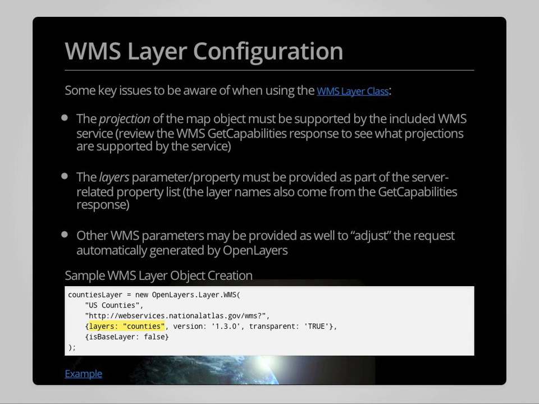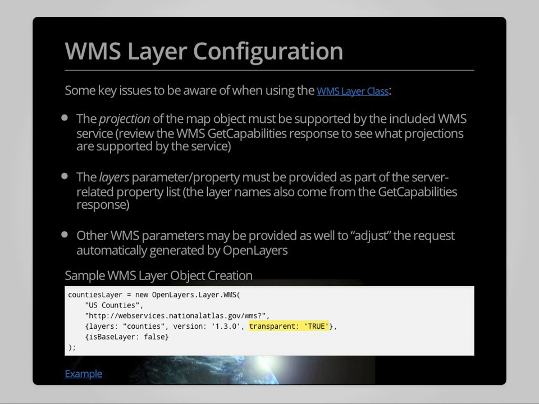Here we're also explicitly defining the version of WMS that we want to use, and explicitly defining that we want transparent to be true. So in this case, while OpenLayers may request a transparent image anyway, we are explicitly defining it here.